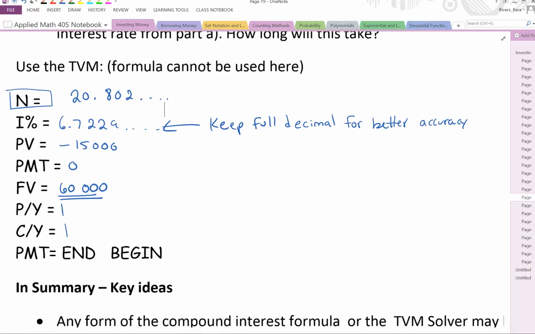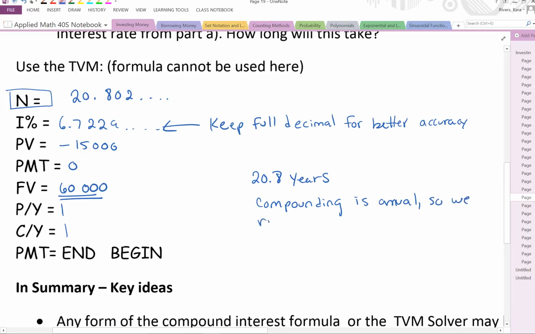Now it says, how long will this take? Well, that value is already multiplied by 1 payment per year, but that's okay. So that end value is going to actually represent our years. So 20.8 years. Now compounding is annual though. And we know that if it's annual, we can't get the money until the end of the year. There should be 2 ends here.